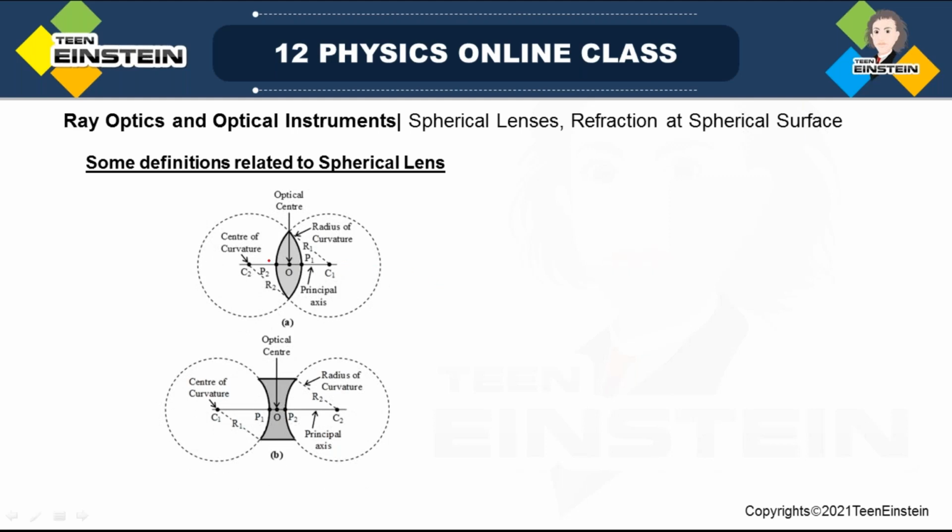As I said, spherical lenses are bounded by two surfaces, and those two surfaces are part of two different spheres. Lenses are made up of a transparent refracting medium.